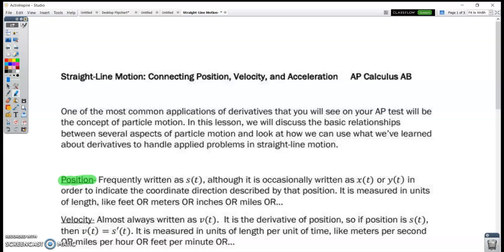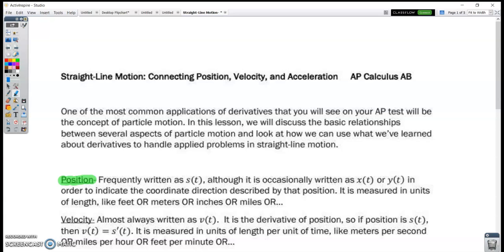Like s of t is a generic all-purpose catch-all position function notation, whereas x of t usually describes when something is moving along the x-axis, or in an x direction, and y of t talks about when things are moving along the y-axis or in a y direction. Position is always measured in units of length, like feet, meters, inches, miles, etc. Any measurement of length could be a unit for a position function.